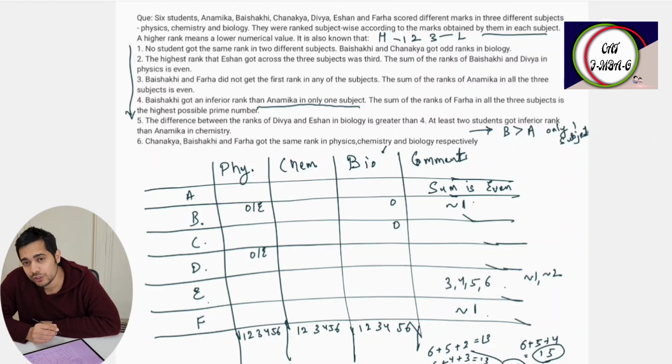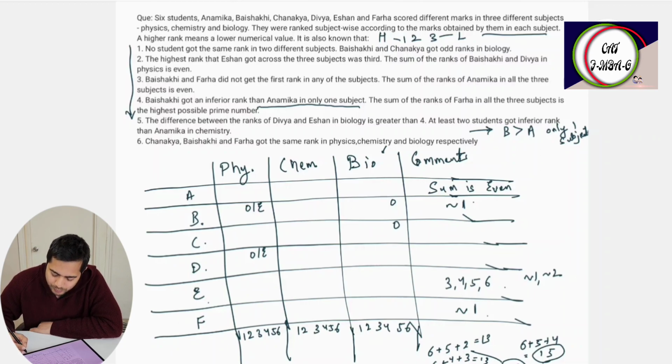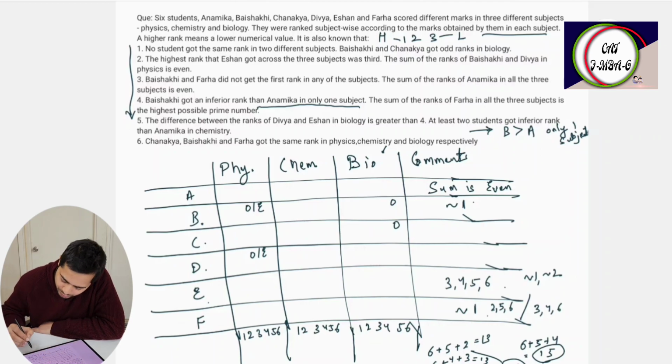In any other combination you will not be able to get 13. You can check it for yourselves also. So it can be either 2, 5, 6, or it can be 3, 4, 6. This we have written down in the comment section for now.